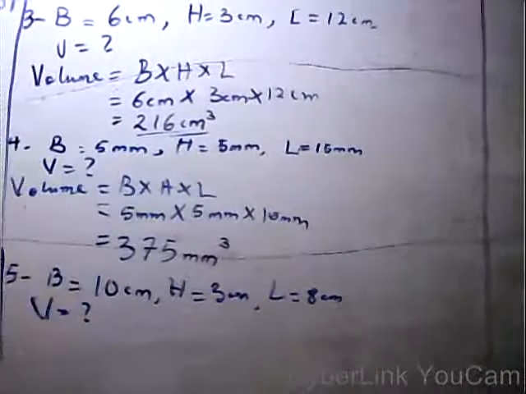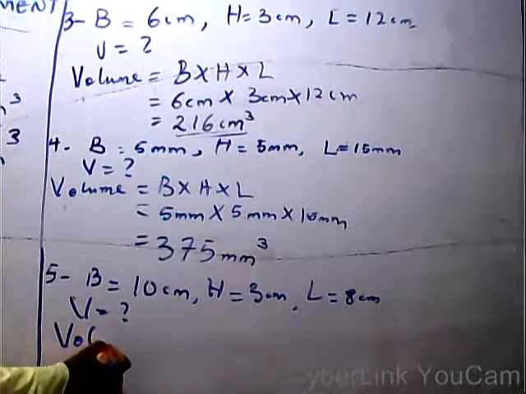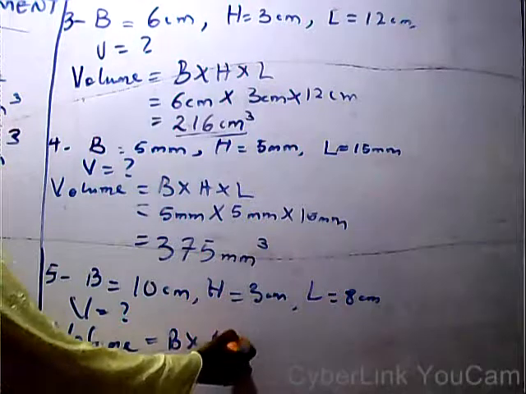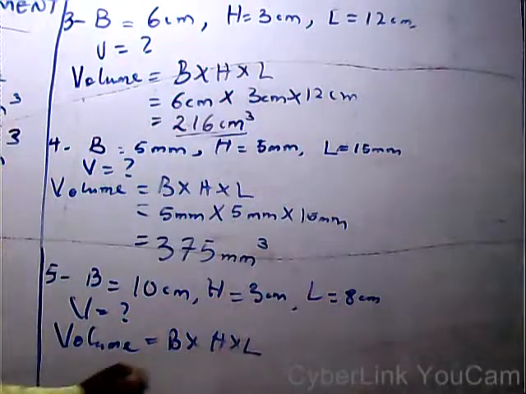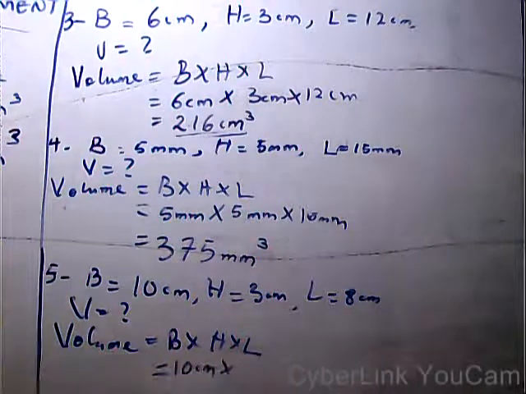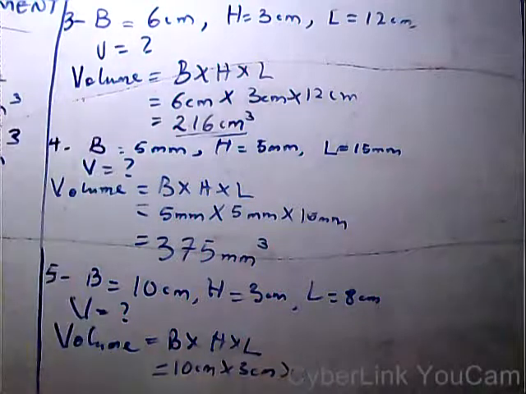Our volume is unknown. Same formula. Our volume, base times height times length. And our base is 10 centimeter. Our height is 3 centimeter. And our length is 8 centimeter.